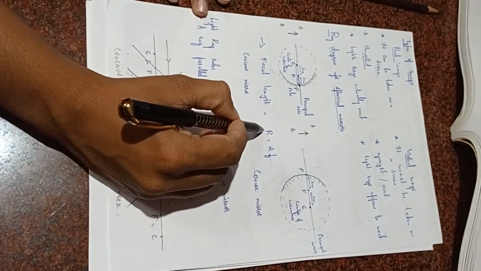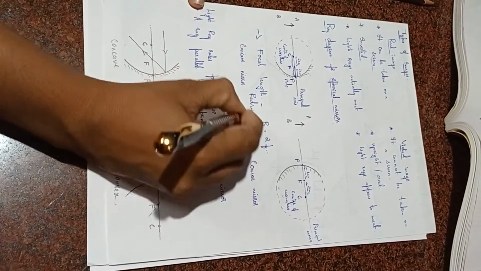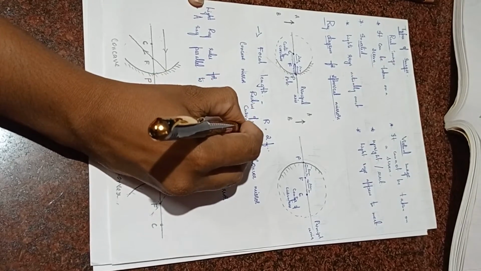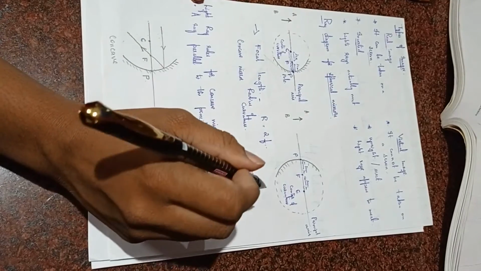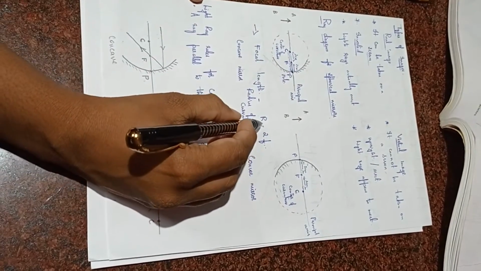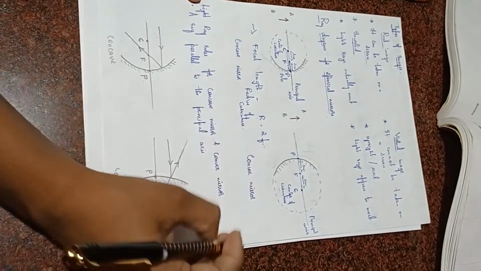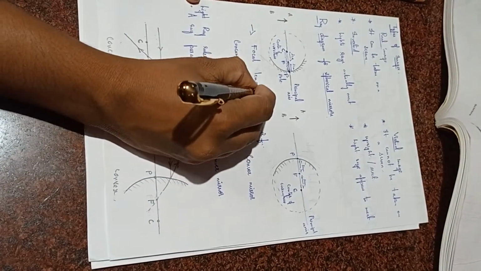R is the radius of curvature, a small piece of mathematics you have already learned about spheres. F is the focal length, represented by small f.